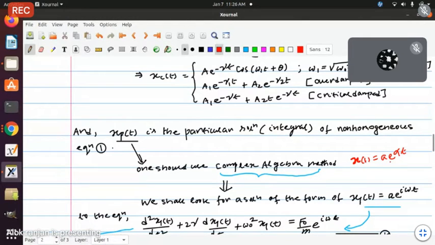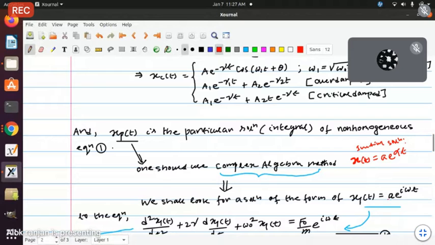We use this initial guess solution and then we got the solutions here. But the complex algebra method says, let's consider the initial guess solution, which is x1 of t, rather than a e to the power alpha t, we have a e to the power i omega t.